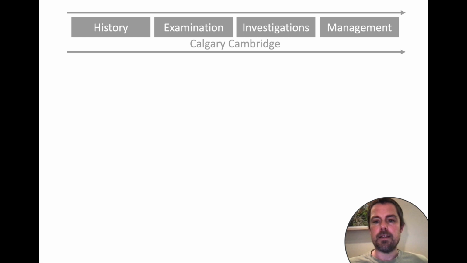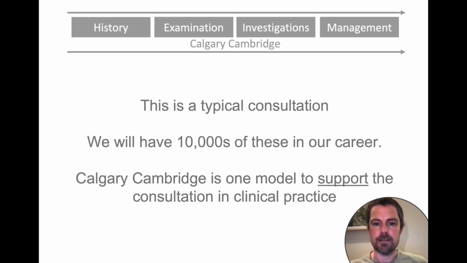So we're very familiar with this. We engage in it every 15 minutes of our careers. In general practice and in medicine, the simple medical student biomedical pathway of history, exam, differential and management has been superseded by models of supporting the consultation, the patient and ourselves through this very complicated process.